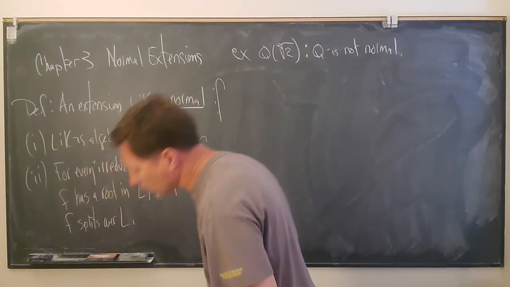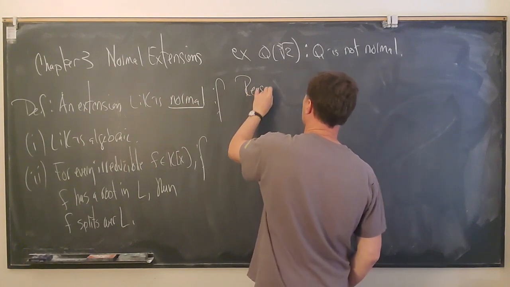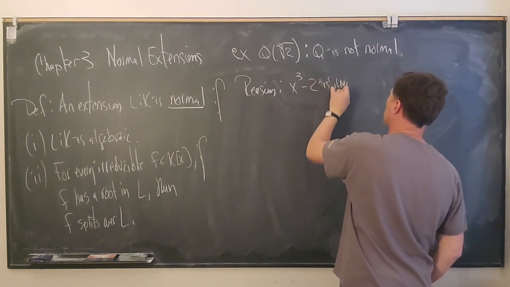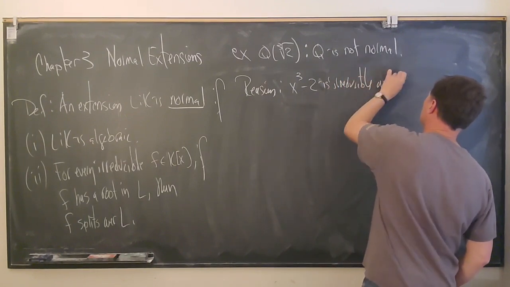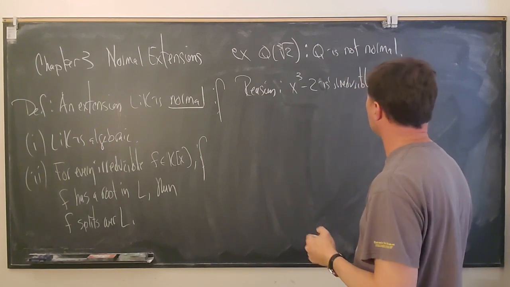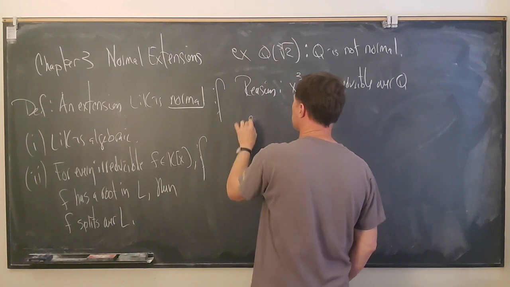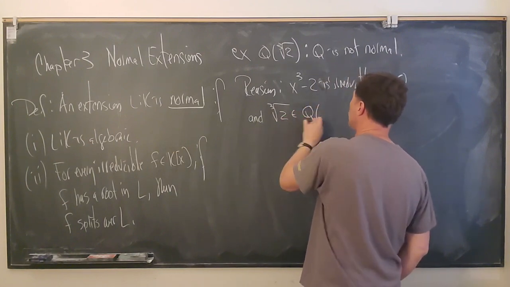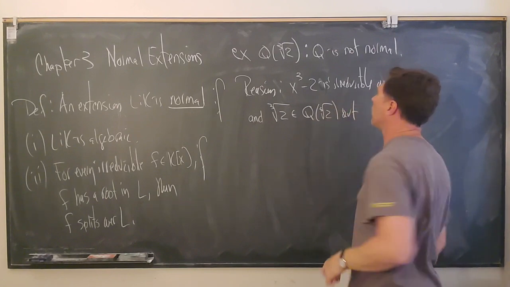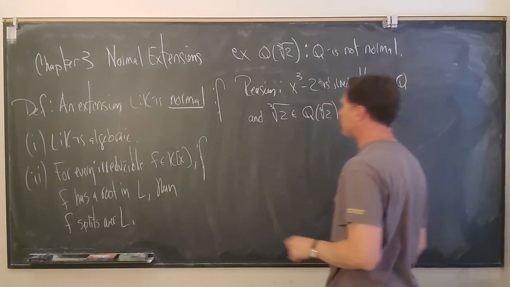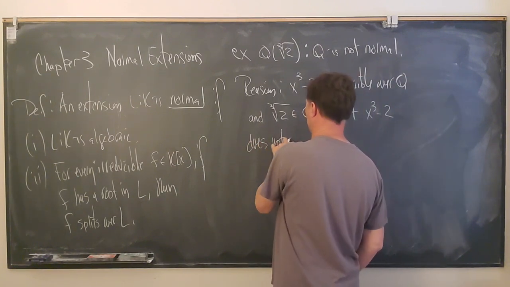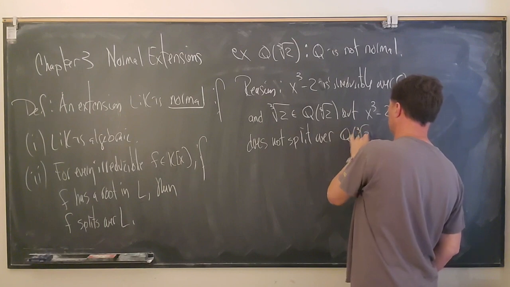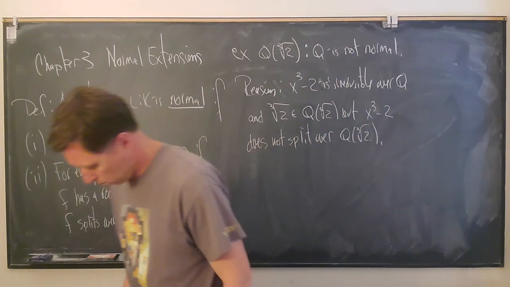And here's the reason. If you look at the polynomial x cubed minus 2, this is irreducible over Q. And the cube root of 2 is definitely an element of Q adjoin cube root of 2, but this polynomial x cubed minus 2 does not split over Q adjoin cube root of 2.